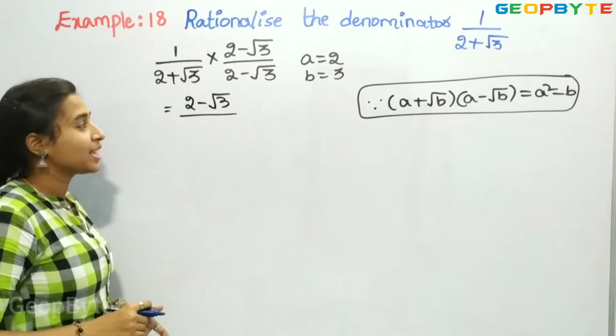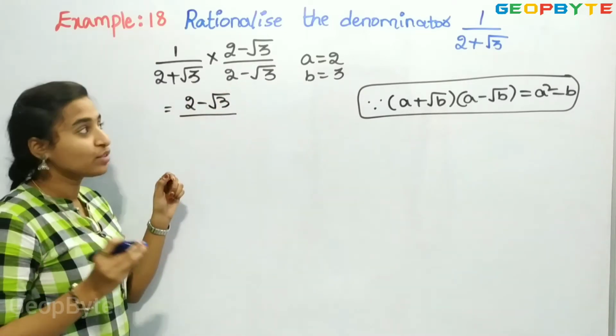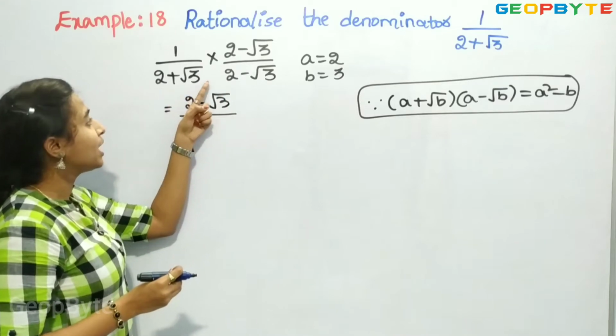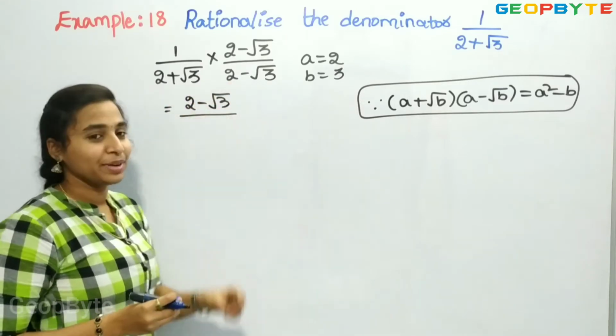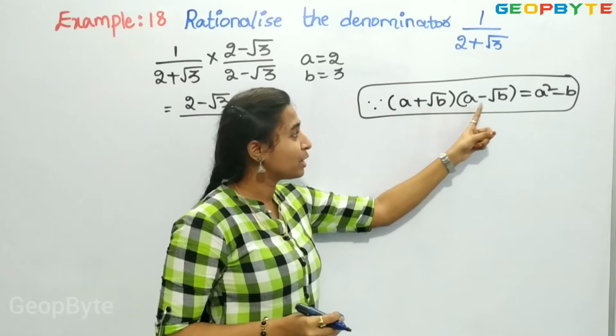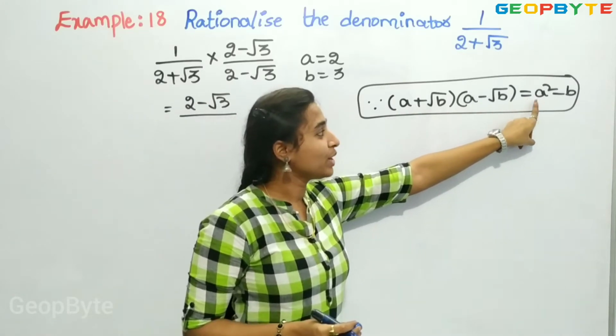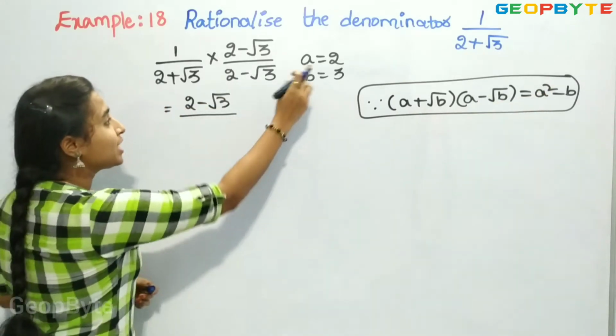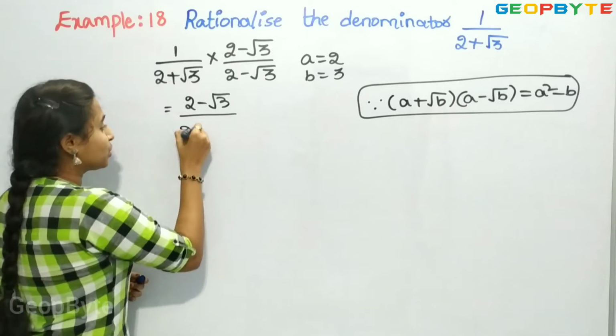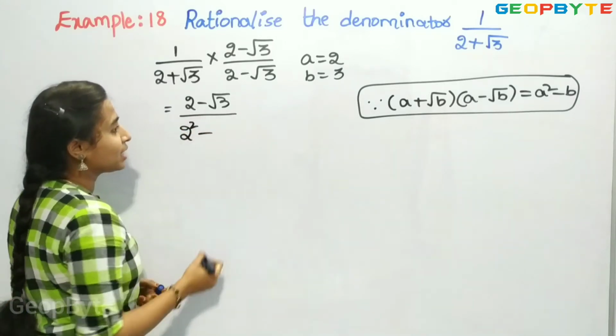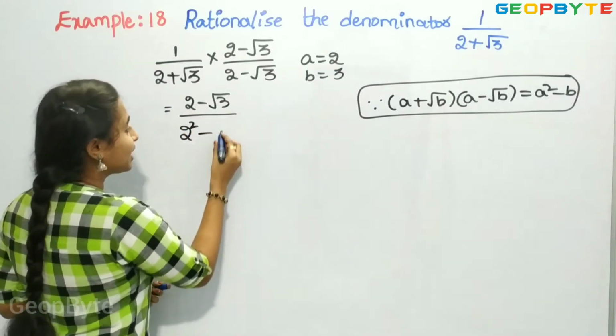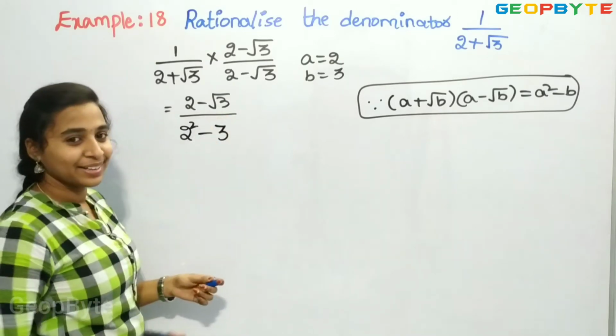The denominator is in the form of a plus root b into a minus root b, which is equal to a square minus b. What is a? 2. So, 2 square minus b, and b is nothing but 3.